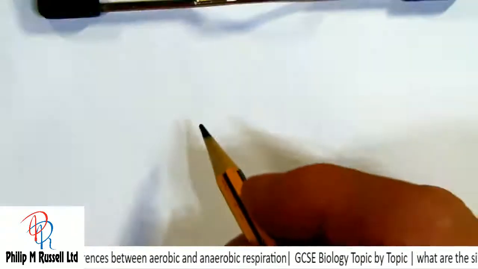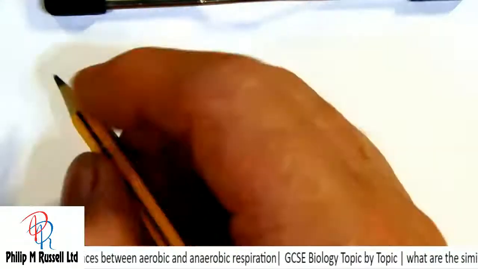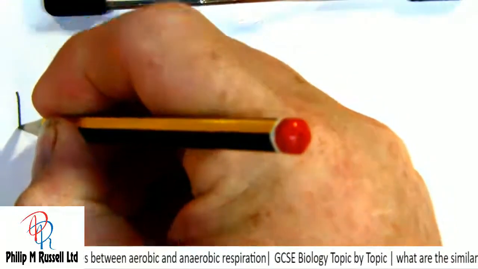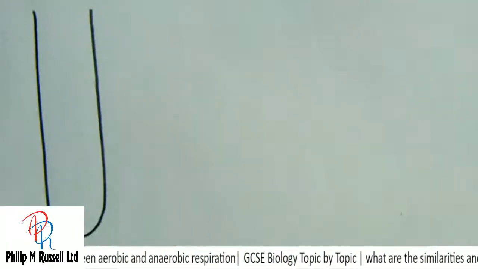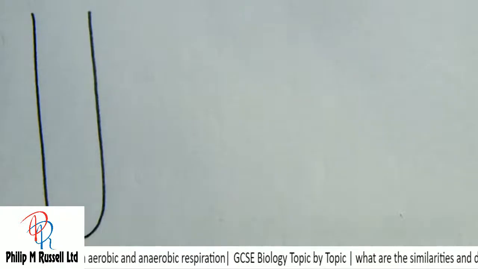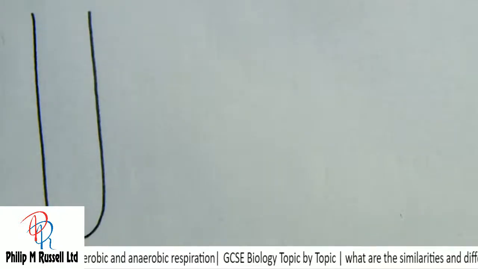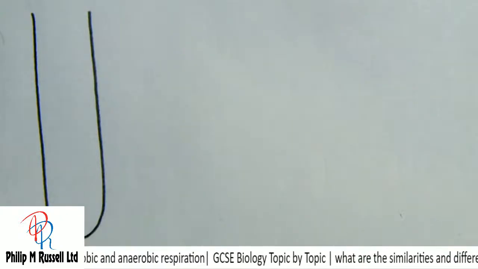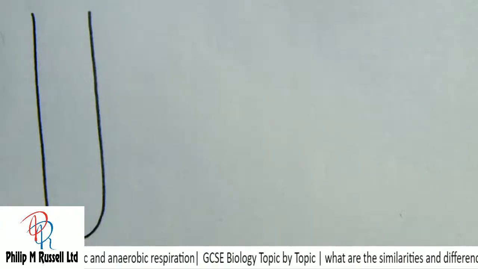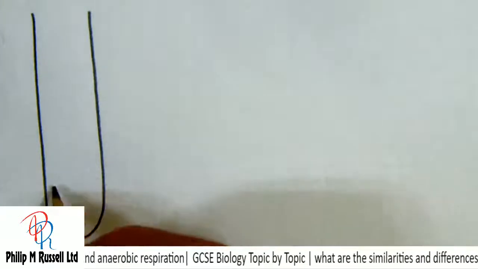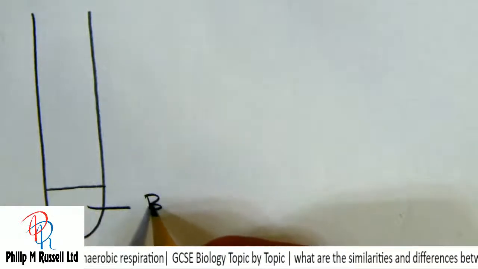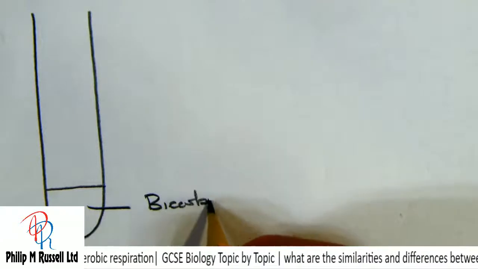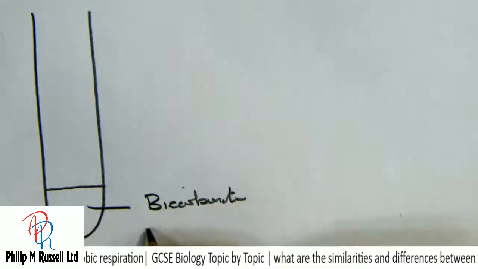Designing an experiment's not going to be particularly easy, and so let's take one of those boiling tubes that I had and see if we can come up with an experiment. And what we can do is we can place at the bottom some of this bicarbonate indicator.